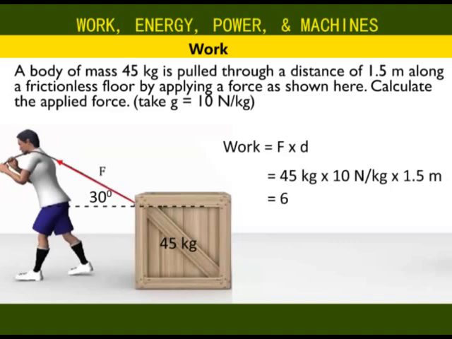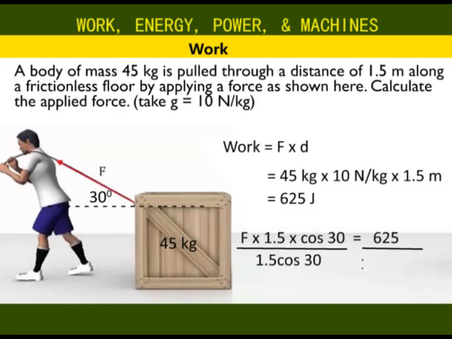That gives us 675 joules. This work is equal to Fd cos 30. So F times 1.5 times cos 30 is equal to 675. To get F, we divide both sides by 1.5 times cos 30. And we shall get the force.